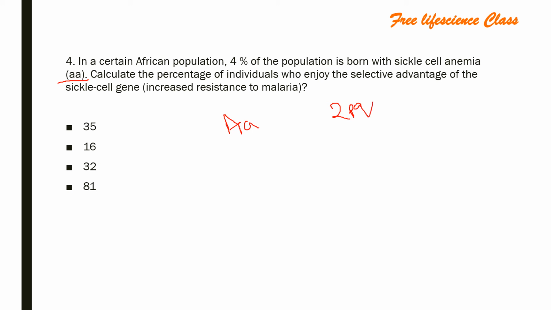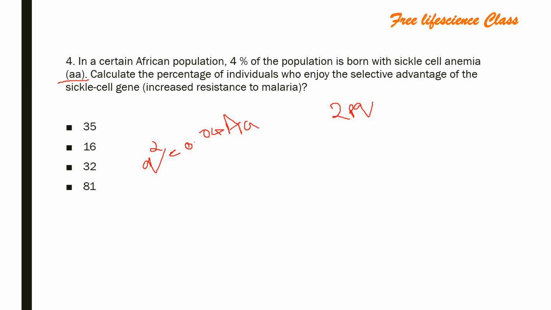Here it is given that 4% of the population is affected. So the percentage is given and we have to find q square. If it is 4% of recessive condition, that means q square is 4 divided by 100, we will get 0.04.